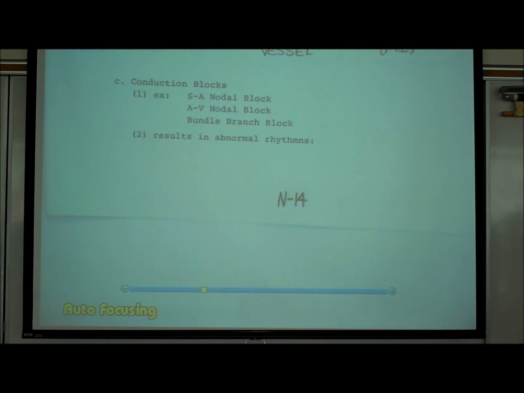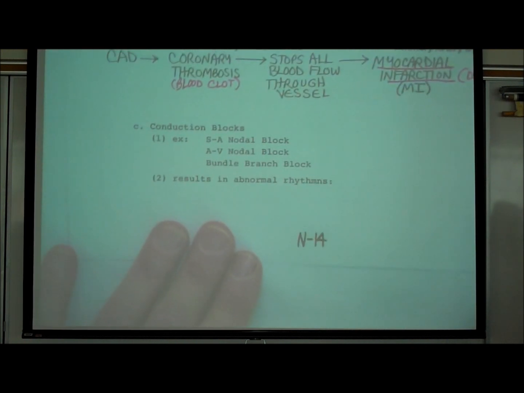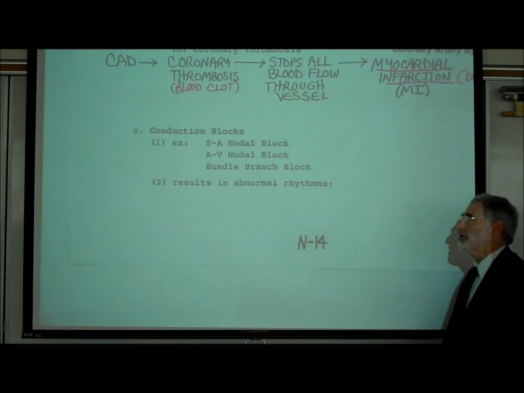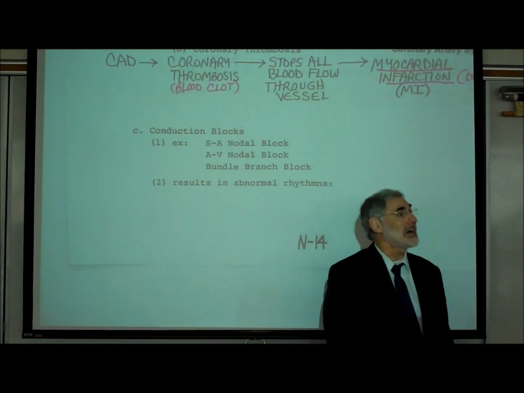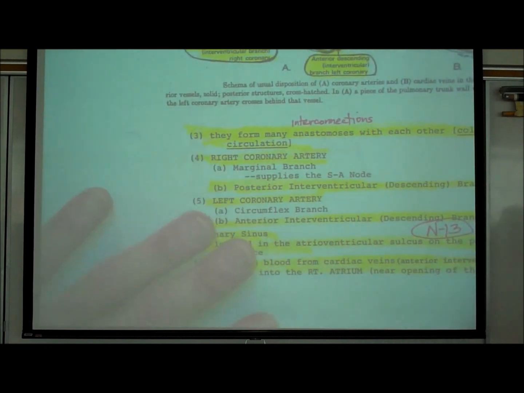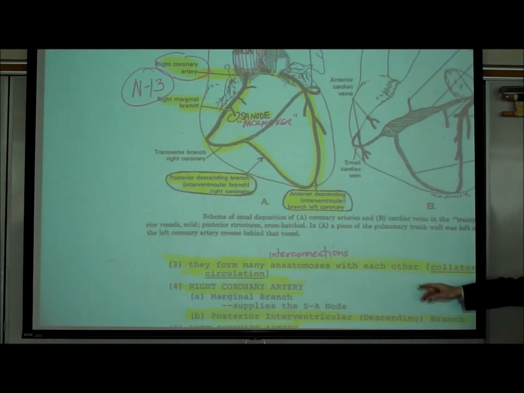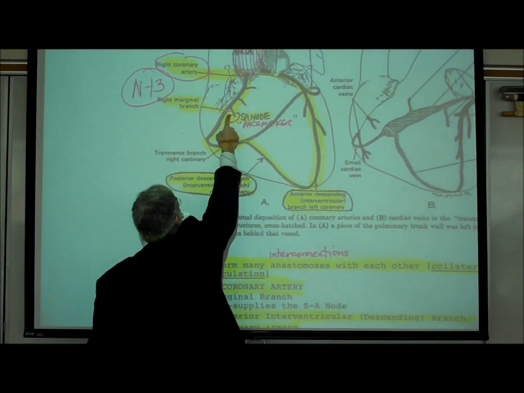Okay, now, on the bottom of N14, what are conduction blocks? A conduction block is when you get myocardial ischemia or myocardial infarction in the electrical conducting system. So on the previous page, hadn't we said that there's a little branch off the coronary artery?